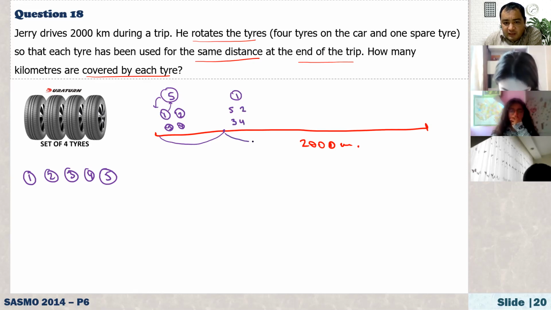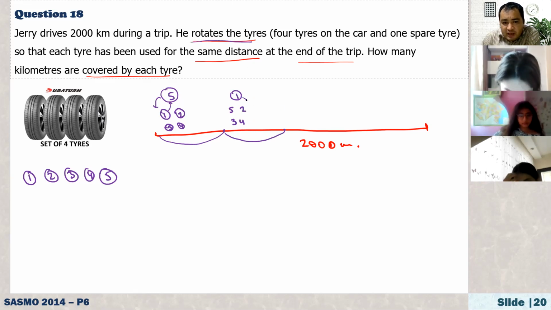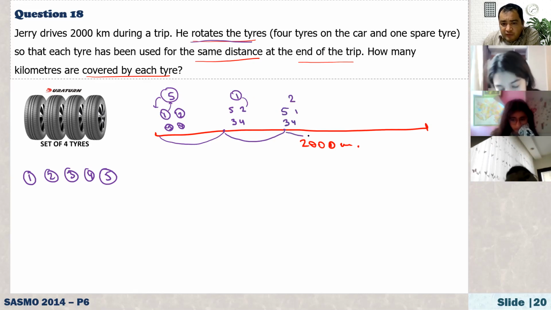I will travel a little bit, and after that I will change the second tire. That is what rotating means. Now I will change tire 1 with tire 2, so 2 will be at the back. Now I have 5, 1, 3, 4. I travel again a little bit. Now I will change the spare tire with number 3, so here we have 5, 1, 2, 4, and the spare tire is 3.